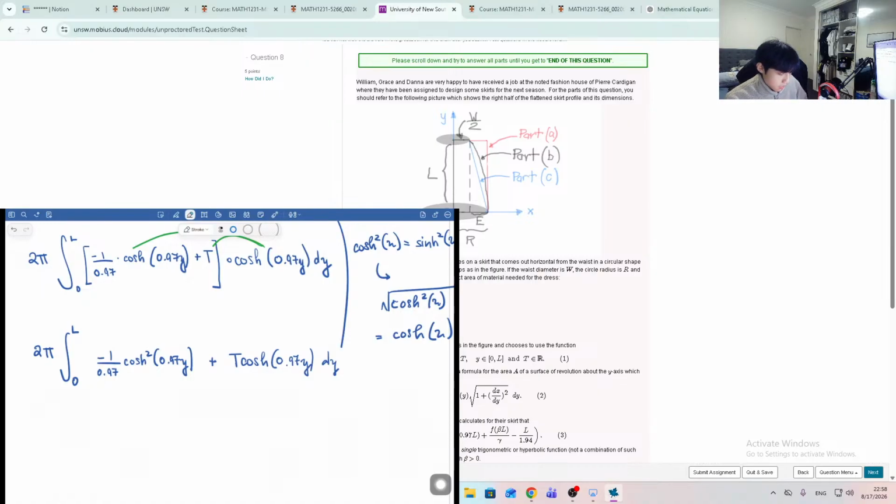What does happen when you integrate cosh squared?